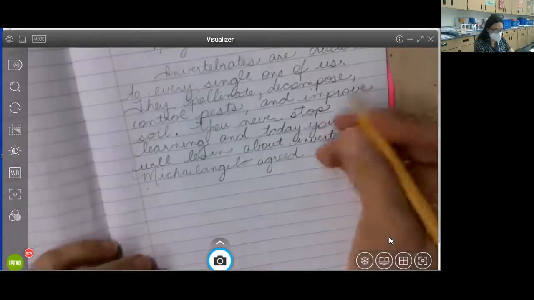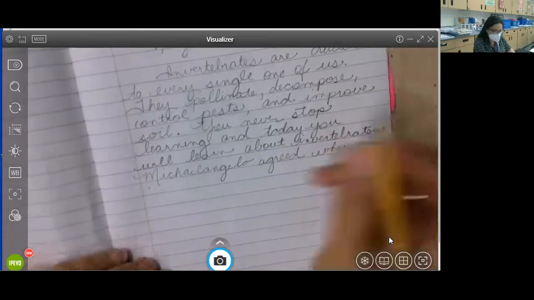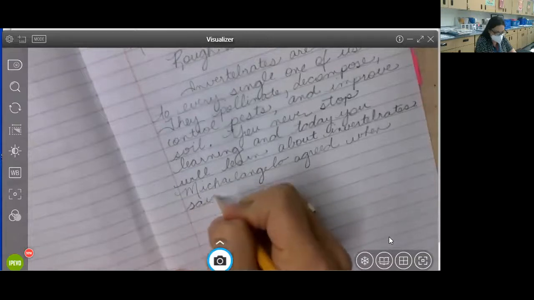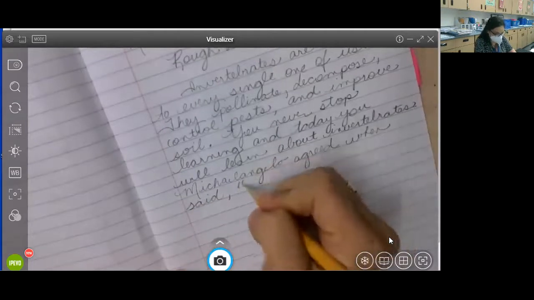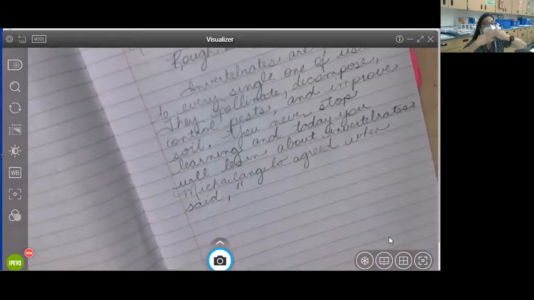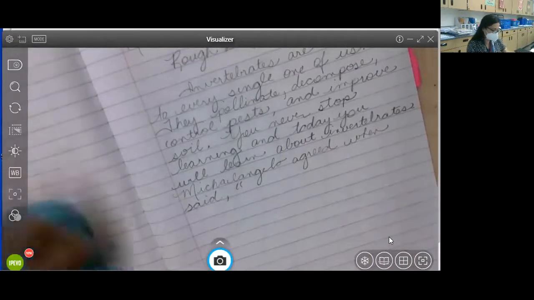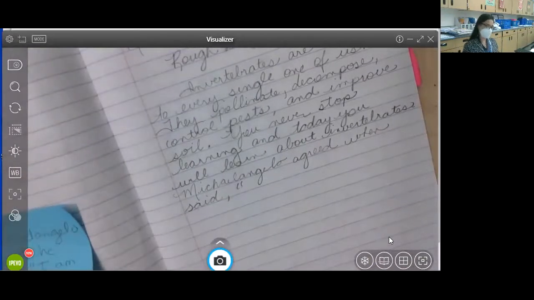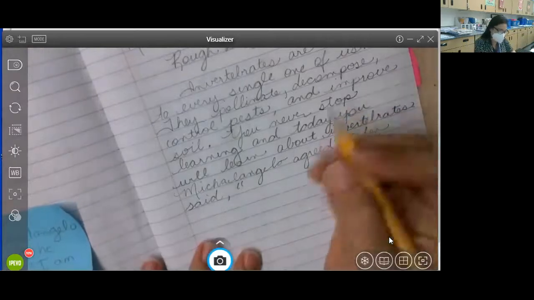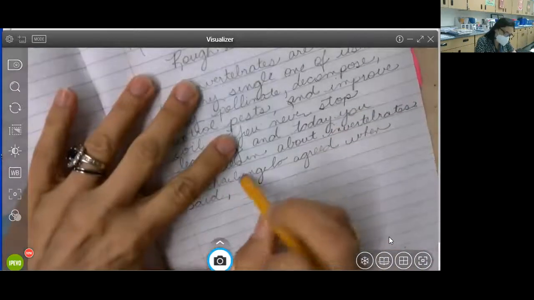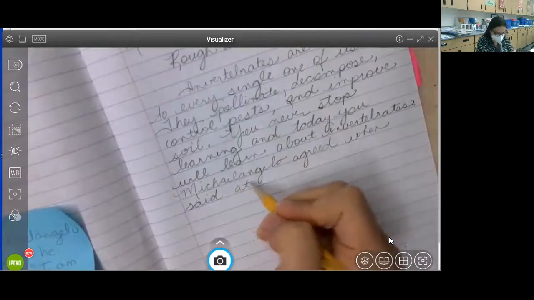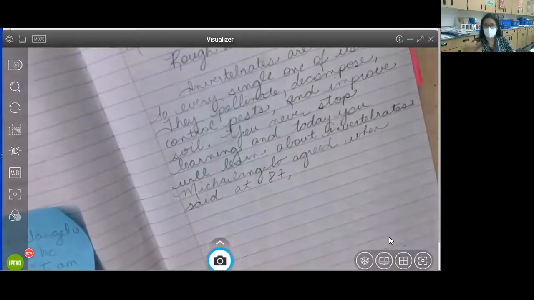Michelangelo agreed when he said, quote, remember the quotes only go around what the person's actually saying. Michelangelo did not say, Michelangelo said. No, he just put the words out of his mouth. Said, at 87, this is also why we write in pencil, right?